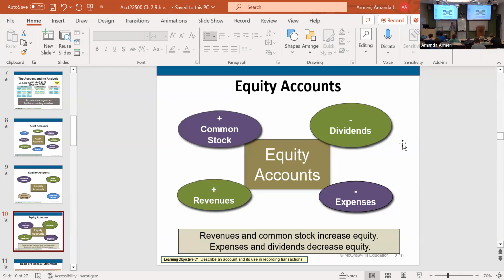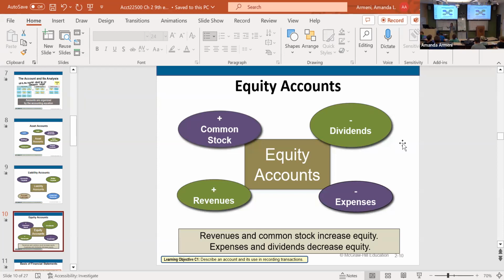What do we give that investor in exchange? Ownership, right? And in our accounting terminology, that ownership is represented as common stock. Common stock is always increasing equity. As more people become owners in our business, we want to show our equity increasing. That means we have more investors out there. Are you with me?